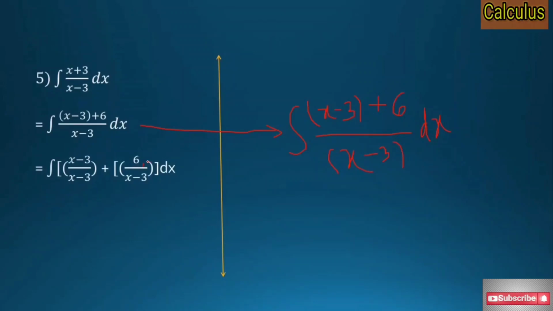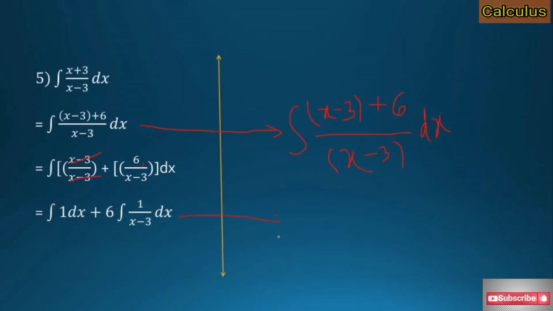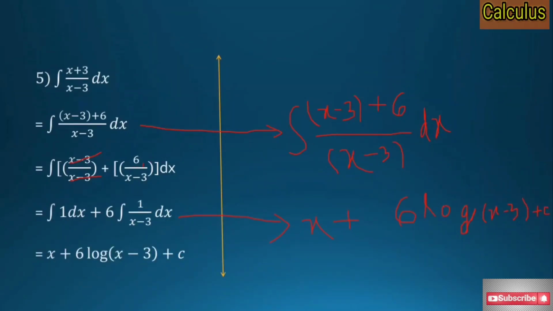Now you can separate numerator and denominator and integrate it, x minus 3 cancels, that becomes integration of 1 dx plus 6 integration 1 by x minus 3 dx, that is equals to x plus 6 log x minus 3 plus c, which is the answer.